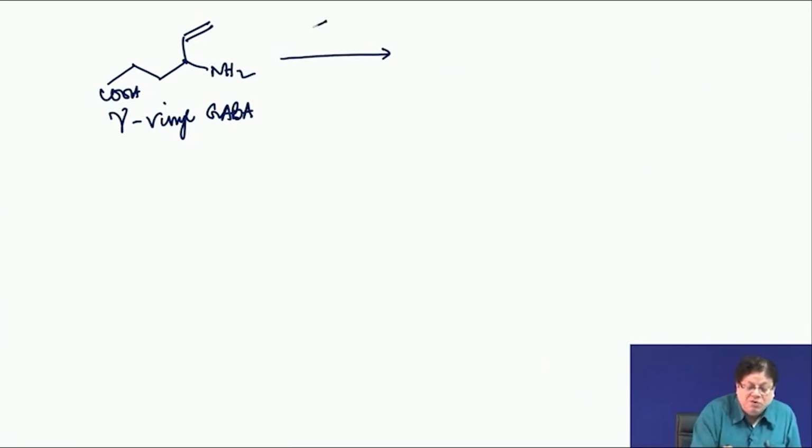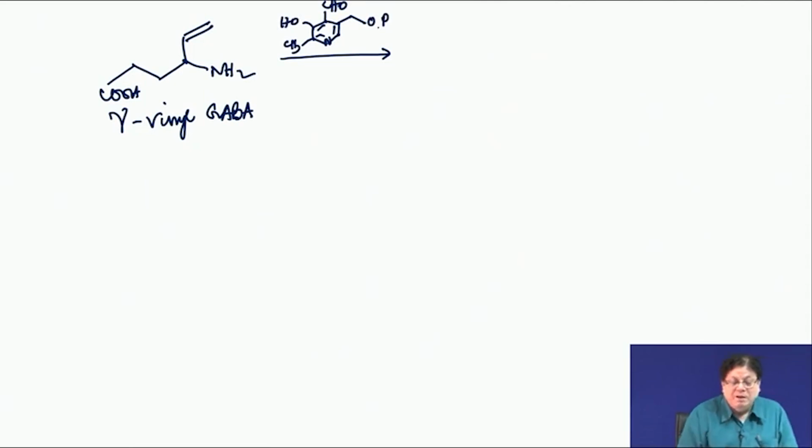Now, this is an inhibitor and the mechanism will be, remember the transamination reaction involves reaction with pyridoxal phosphate. This pyridoxal phosphate, you should remember the structure. This is a CH2OP and this is an OH and that is a methyl. So, methyl, this is OH and this is OP, that is called pyridoxal phosphate, and in the biological system it is present in the protonated form.